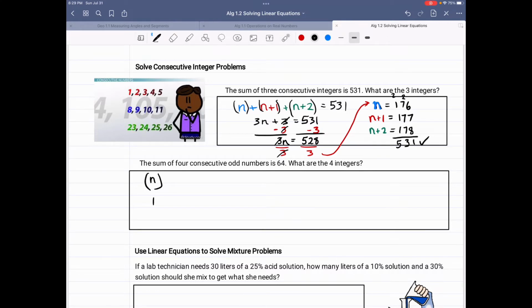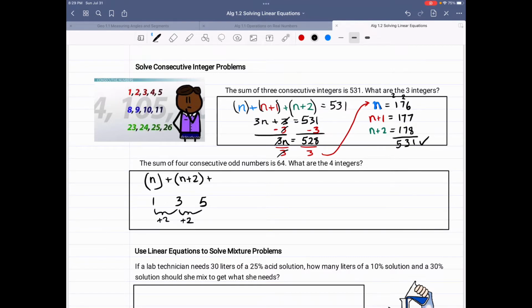What would the next odd number be? 3. And the next number after that, 5. Well, how would you get from 1 to 3? We add 2. And how would you get from 3 to 5? You add 2. So each time we're counting by odds, you're going to add 2.